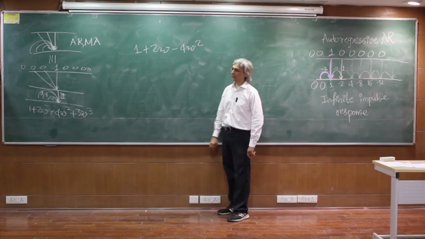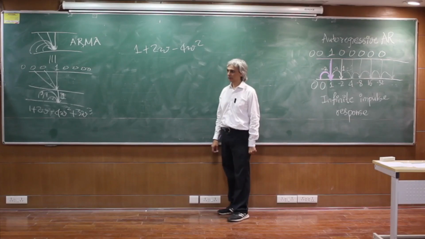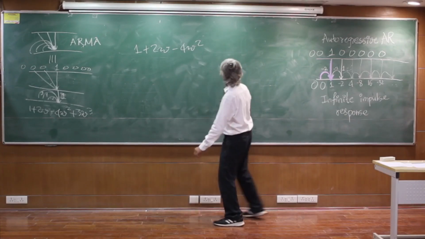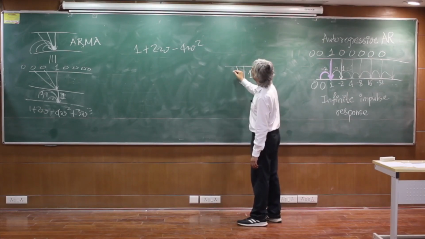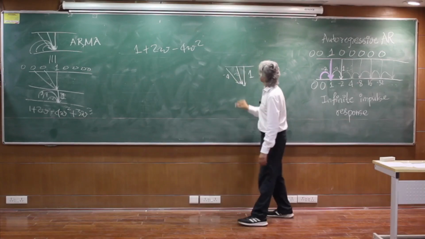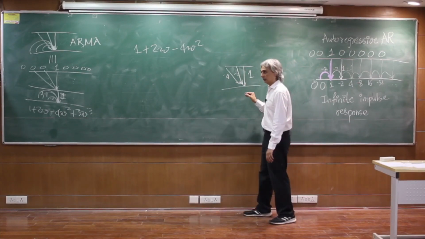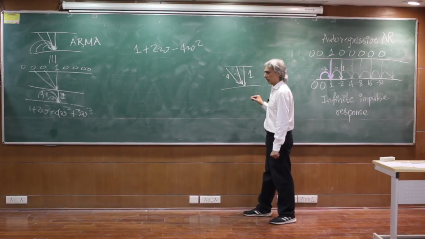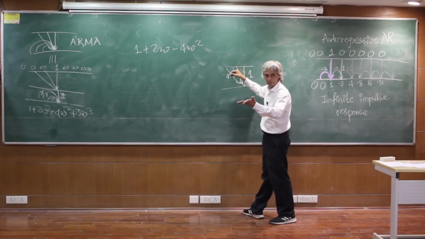What is the DTFT of this filter? So remember that as a filter, this is this fellow, right? 1, 2, minus 4, correct? And so the DTFT is going to be the eigenvalue of an input which is rotating at omega, correct?